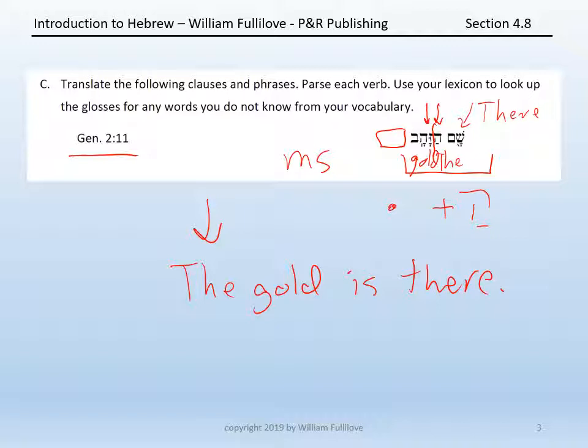The difference is simply that different languages will use the article in different ways. And in Hebrew, you use the article in this situation to talk about the thing or the type of thing, that gold is there. But the correct translation into English would simply be gold is there, because English uses the article a bit differently than Hebrew does. Do the rest of exercise C to practice reading phrases and clauses from the biblical text.